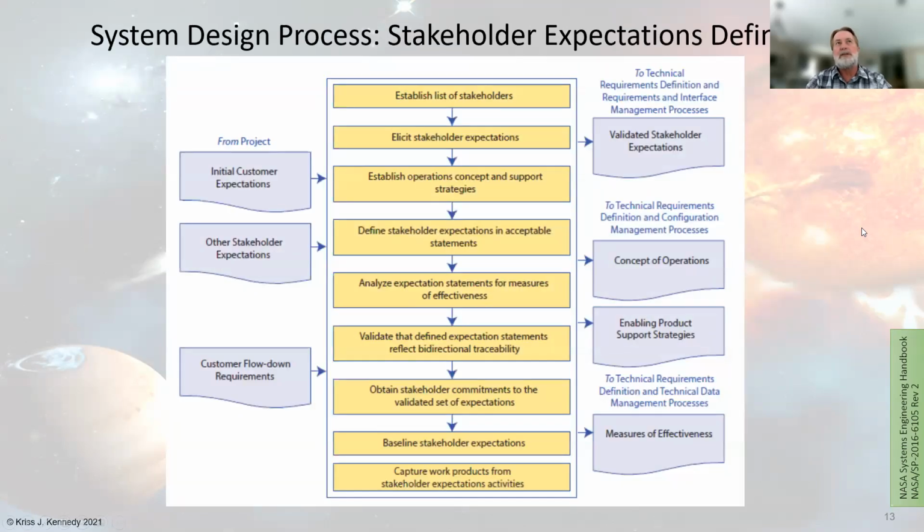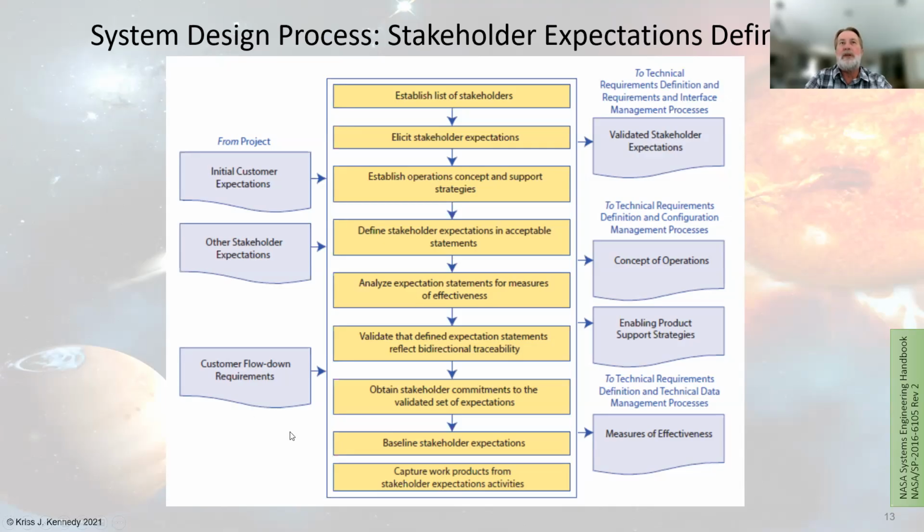So this is the system design process from a stakeholder expectations definition. So from the project, you're going to get customer expectations, other stakeholders, and then customer flow down requirements. And as part of this, you should also be pinging the users or astronauts.